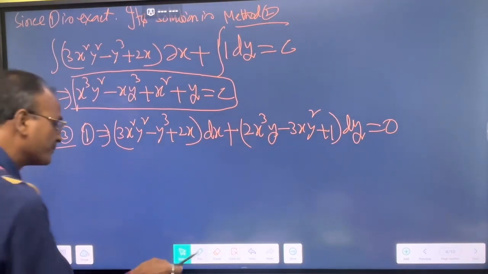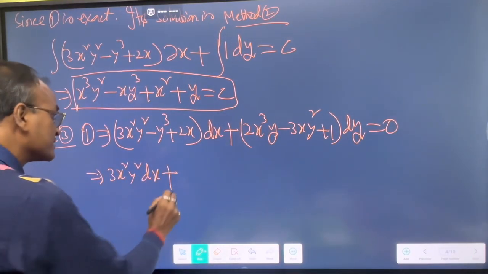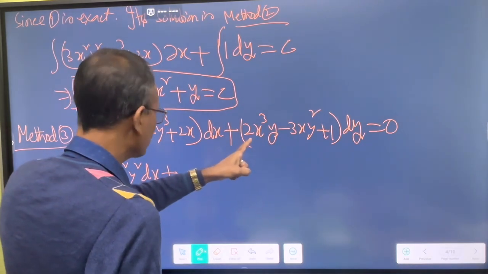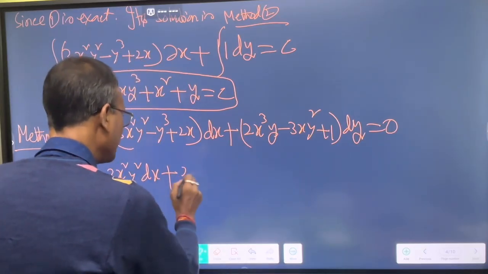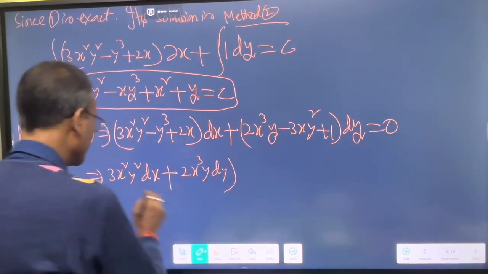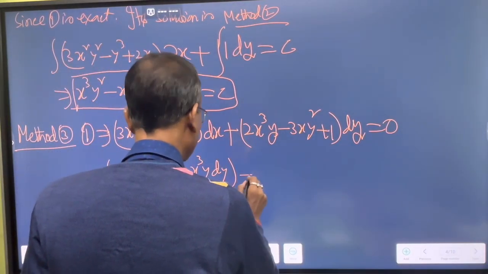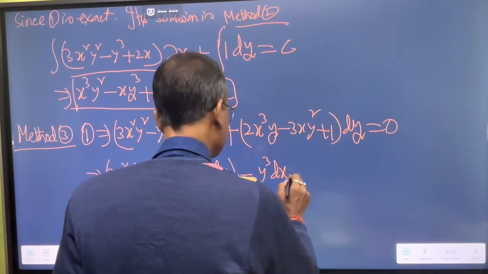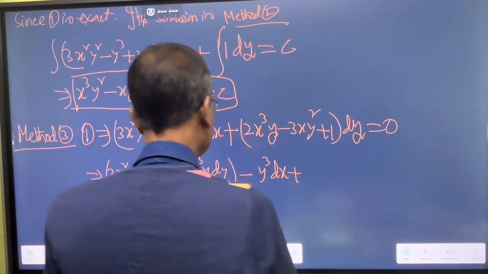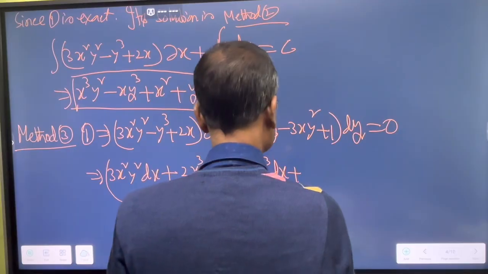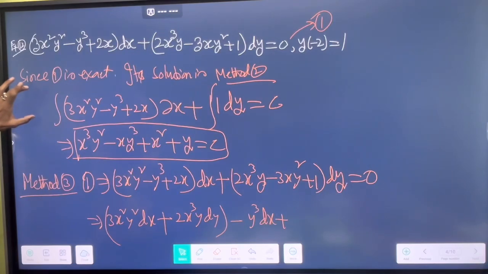Now group. This means 3x²y² dx and 2x³y dy. Group this. Take this one and this one: minus y³ dx plus, let me see, 3xy².